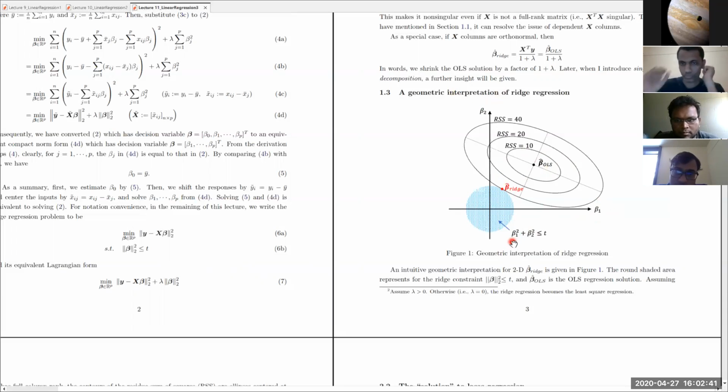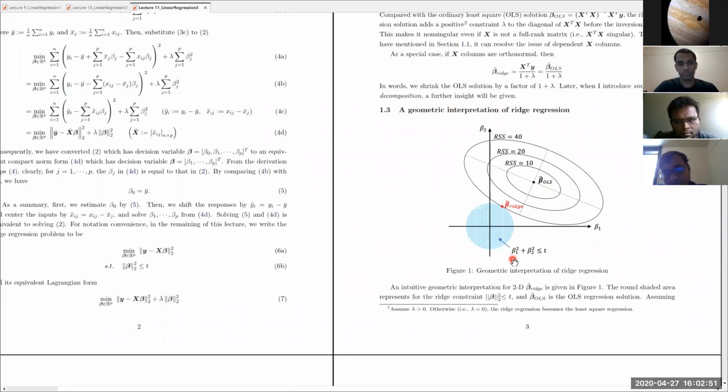And then this area is a circle, right? This round circle area, or let's say we can call it a disk, is actually the ridge constraint, which is the 2 norm of beta is less than or equal to t, right? Okay. Now let's have a look.